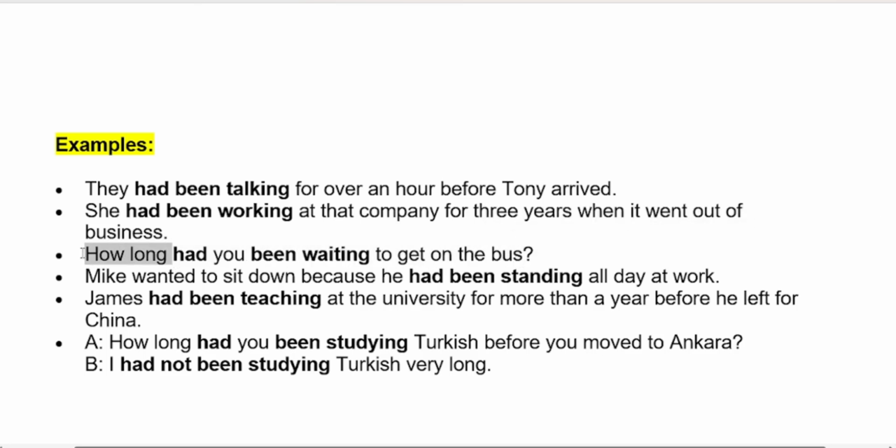How long is WH words, and had you been? This is the question sentence. Very easy. Mike wanted to sit down because he had been standing all day at work. James had been teaching at the university for more than a year before he left for China. How long had you been studying Turkish before you moved to Ankara? I had not been studying Turkish very long.